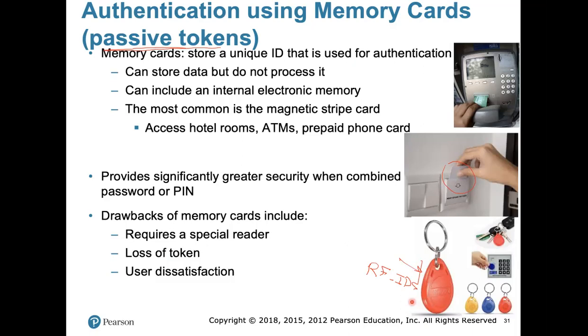So this is a physical token that we may hold in our hand in order to do some type of authentication. Or for example, some of the hotels use some types of cards to get access to the room. And that card might be something like this. You put it somewhere, or you swipe it somewhere, or you just bring it close to that reader.